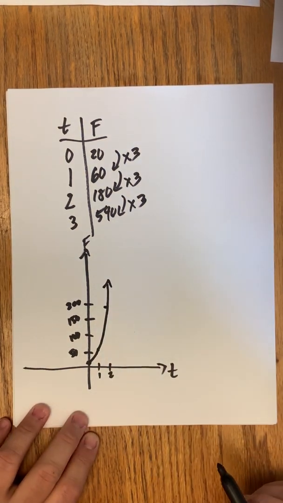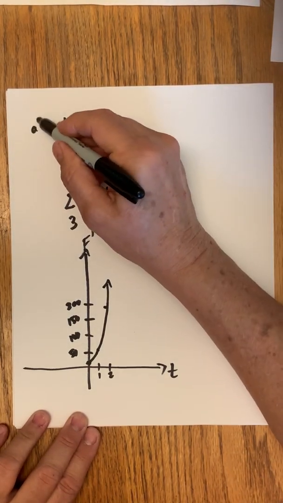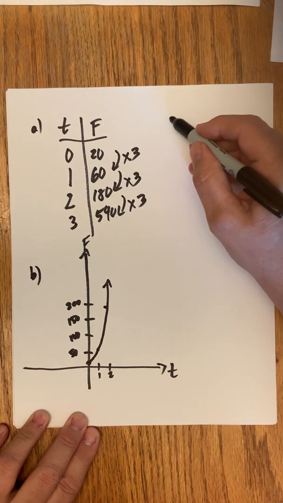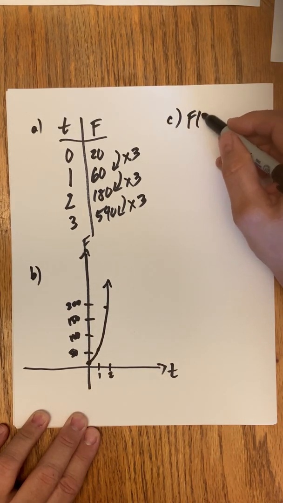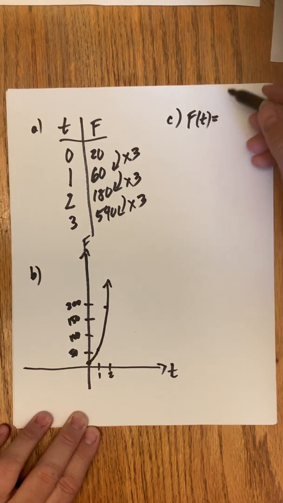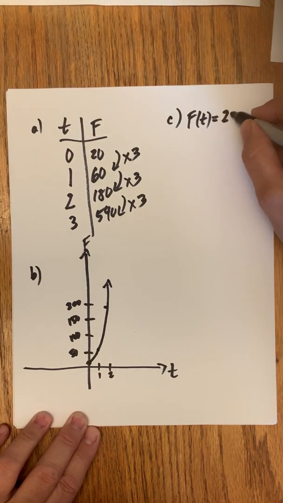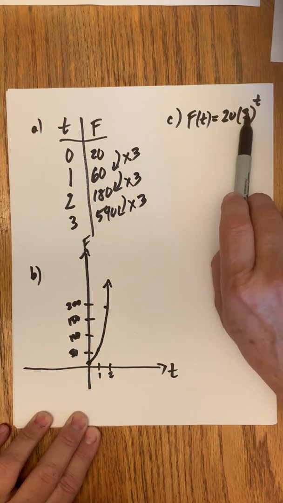Very quickly, exponentially. And then the equation that models this is F as a function of T, so the number of fruit flies as a function of weeks. You start out with 20, and then you triple, so you have 3 to the T. Notice if it was the first week, you had 3 to the first power.